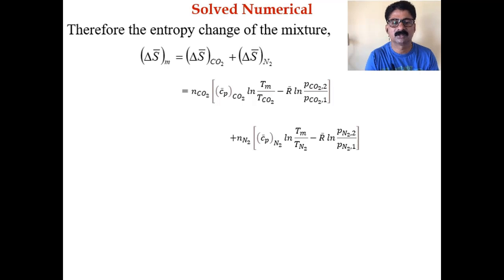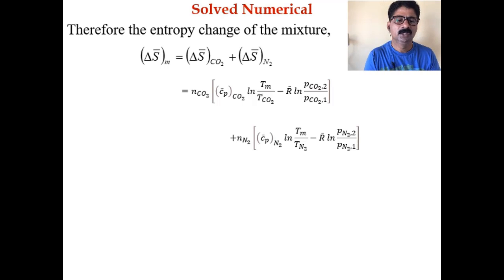That means pressure of CO2 at state 2 divided by pressure of CO2 at state 1. Similarly, you can write the expression for delta S bar of nitrogen as NN2 Cp bar N2 ln Tm by TN2 minus R bar ln PN2 at state 2 divided by PN2 at state 1.